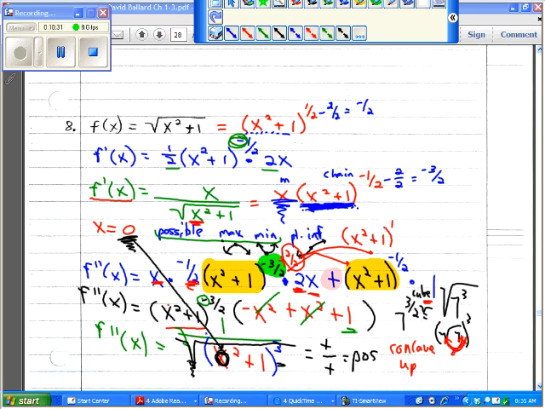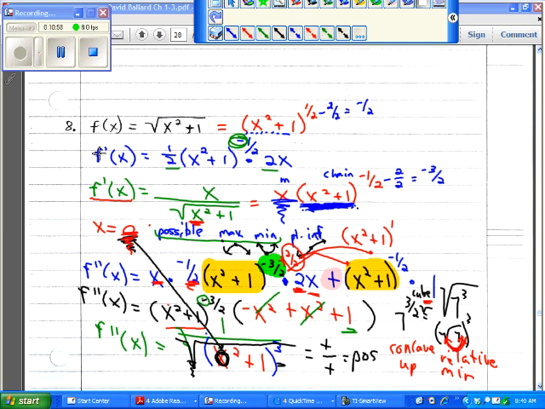And if it's concave up, then at that point, there is a relative minimum. So at the point 0, something, there's a relative minimum.